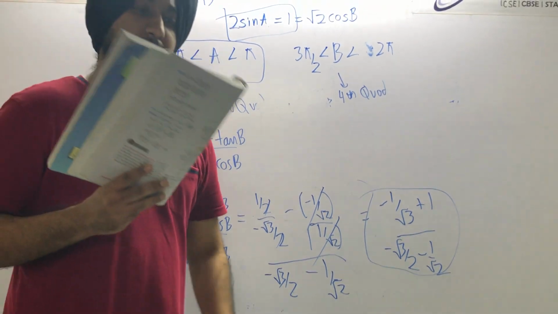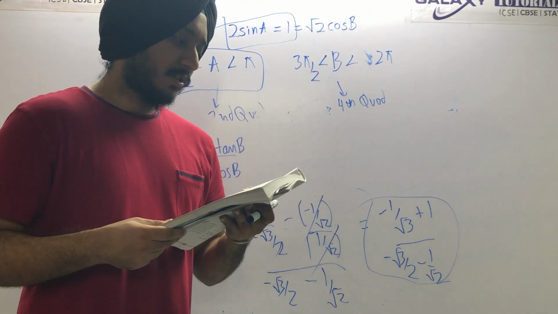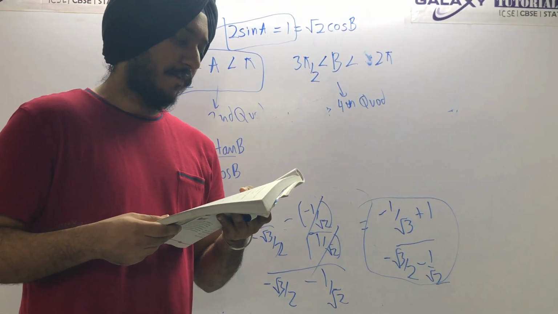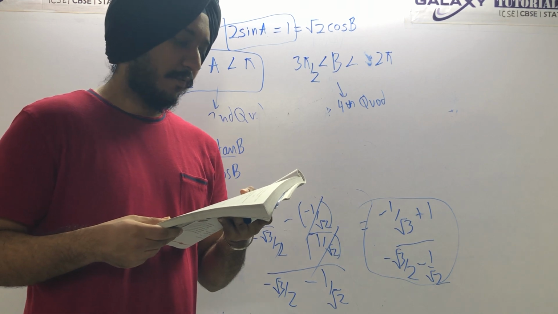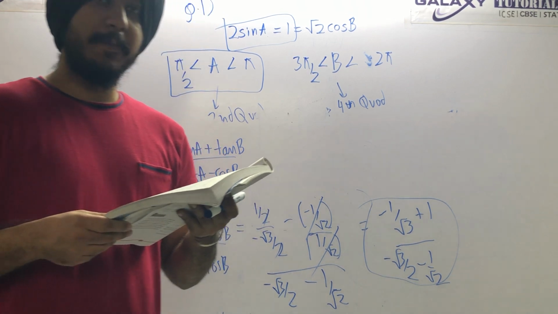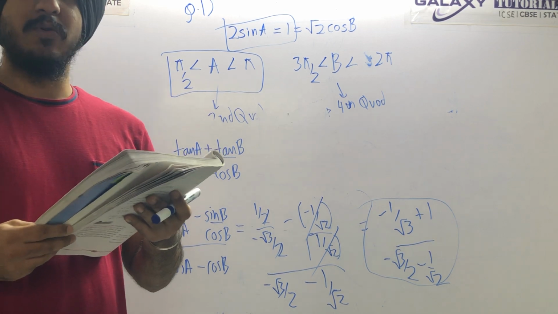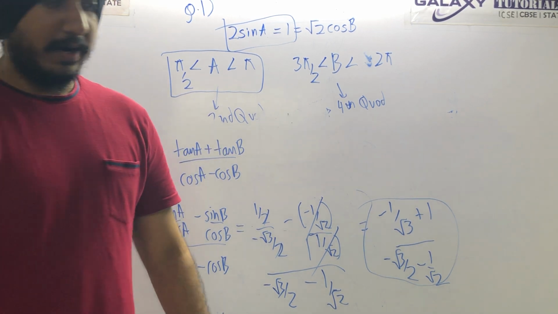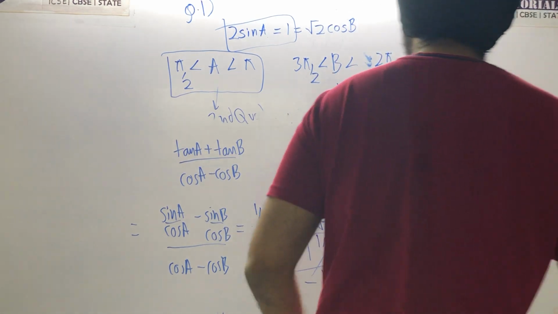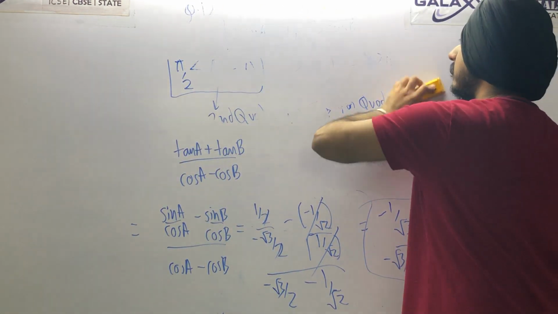Okay, next question. Next question is, if sin A by 3 is equal to sin B by 4 is equal to 1 by 5, A and B are angles in second quadrant, then prove 4 cos A plus 3 cos B is equal to minus 5. Okay, first of all I will write the given things and the things you have to find. We will rub this.